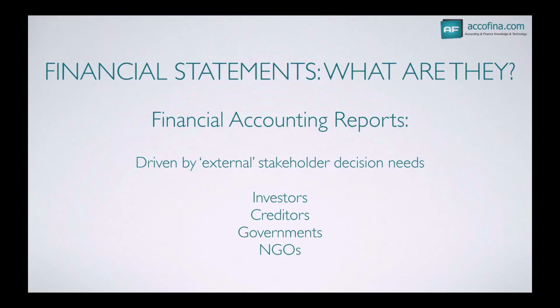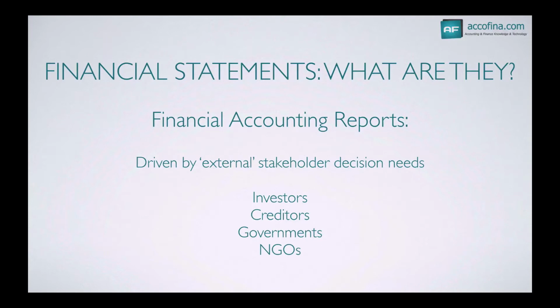Okay, now I talked about the outputs of financial accounting systems. So what exactly are financial accounting reports? Now, financial accounting reports are in contrast to management accounting reports. The financial accounting reports are driven by external stakeholder decision needs.